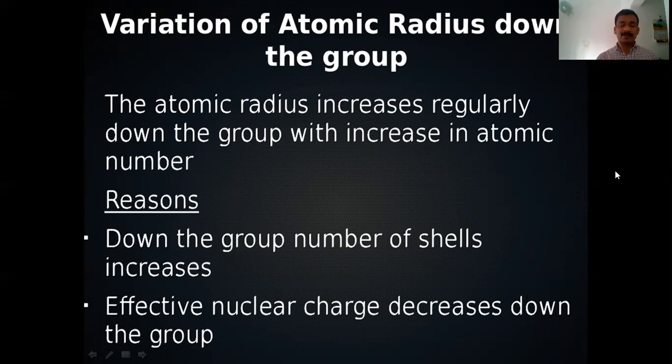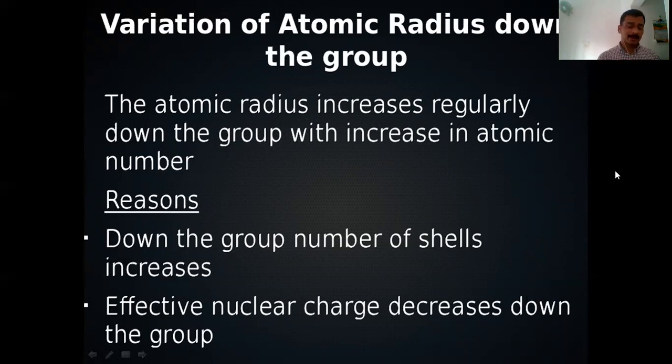And as the distance between the nucleus and the electron increases, the attractive force will decrease. That is one of the reasons. Again, in the inner shells, there are electrons. They can shield the nuclear charge. Therefore, the nuclear charge felt by the outermost electron will be less as the number of shells increases.